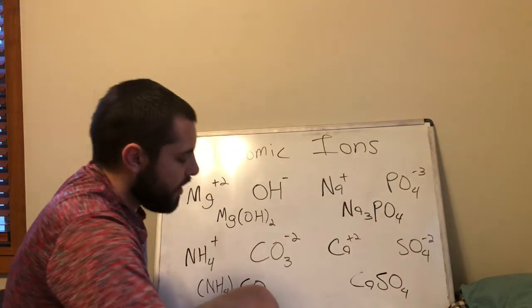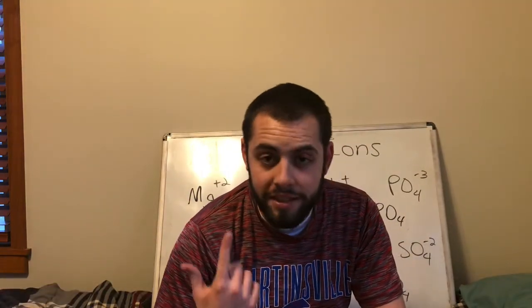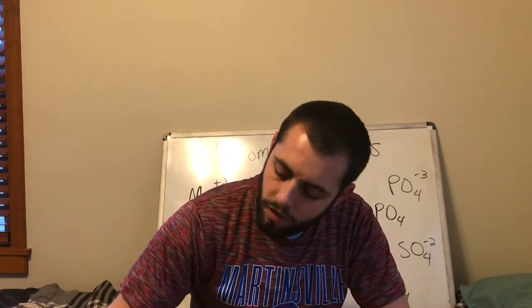So at this point, we have covered the basics of the atom again. We talked about the basics of bonding again. I showed you how to balance ionic compounds. I showed you the crisscross method, and I showed you how to balance with polyatomic ions.